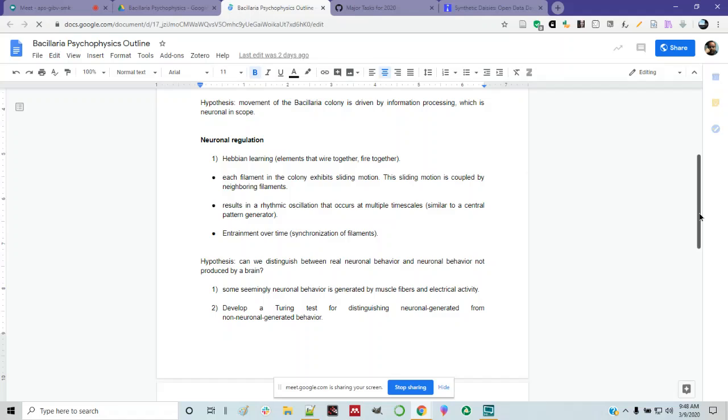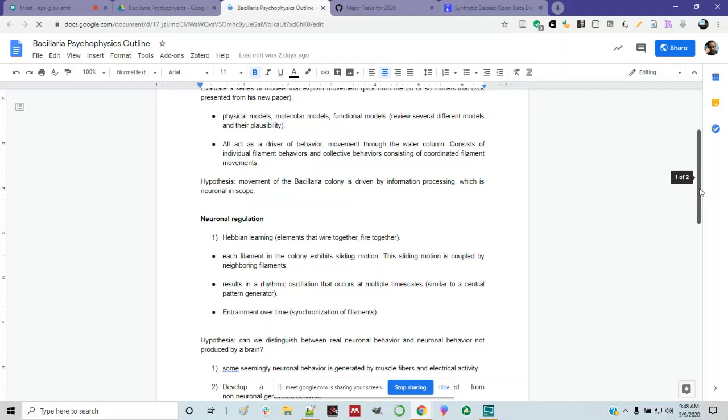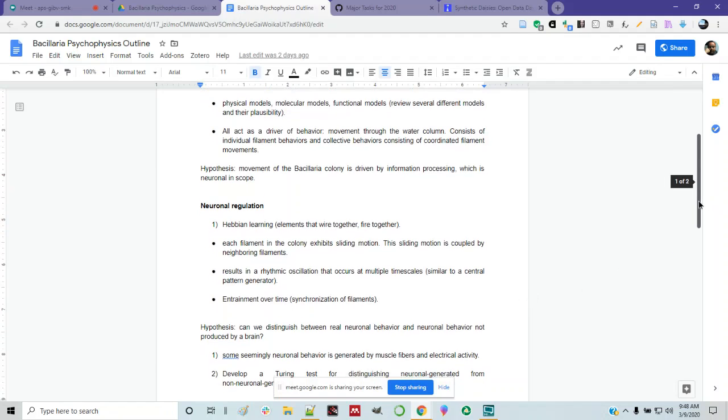So you have a bunch of models, you say which one's the most plausible, then you look at those models and ask whether we can think about it in terms of a model of neuronal regulation. There are things like Hebbian learning or entrainment that brains do that we can apply to this.